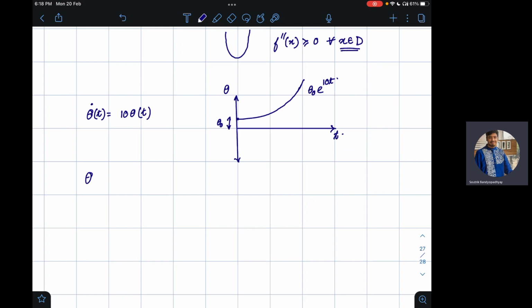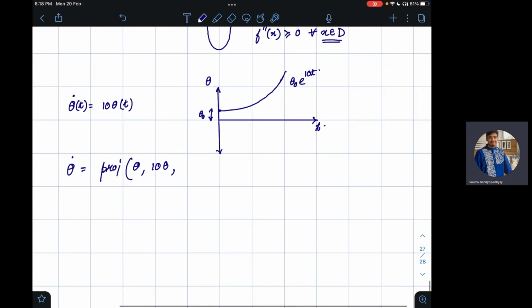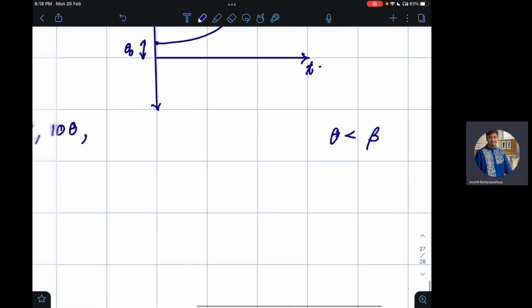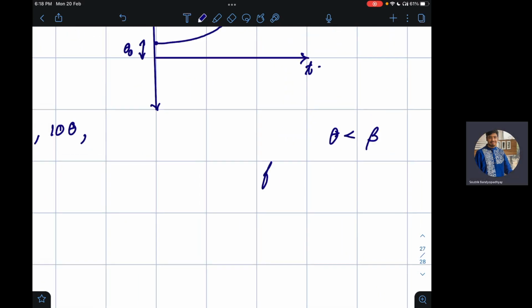So if I had placed the theta dot as projection with respect to theta, and tan theta t was my unprojected update law, and a convex function such that when theta is less than some bound, let's say I call that beta, then this function, whatever function I'm choosing, would be negative.